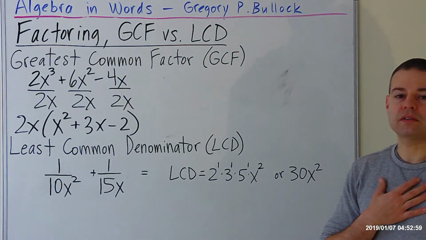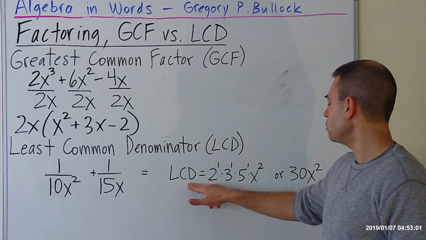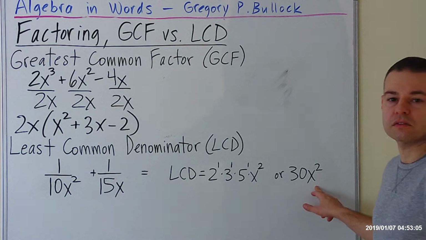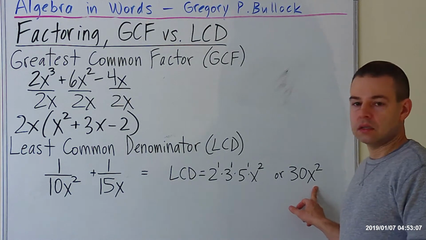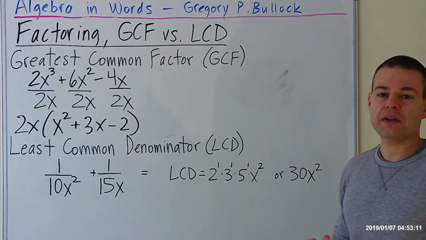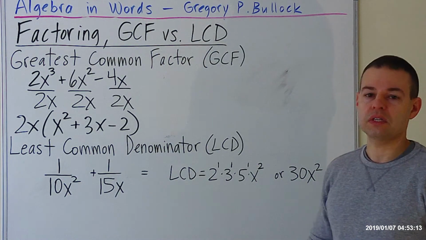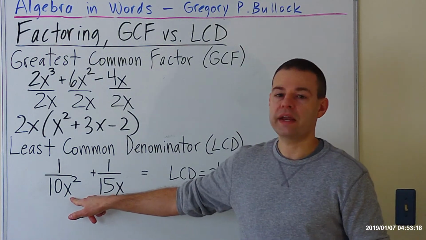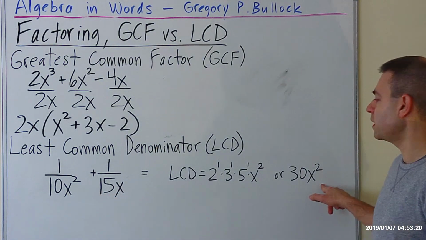I always recommend to my students that you write out the LCD both as factors and the product of its factors. That way you can use it as a reference, because you need to know how to functionally use LCD. I want you to compare this denominator, 10x squared, with 30x squared.